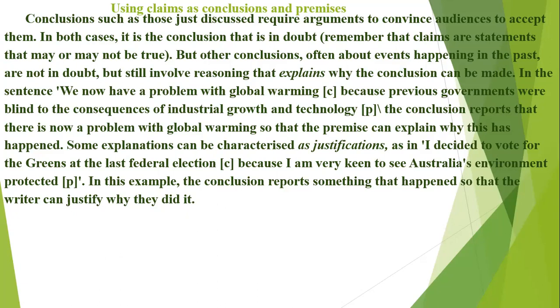Some explanations can be characterized as justifications, as in, I decided to vote for the Greens at the last federal election, c, because I am very keen to see Australia's environment protected, p. In this example, the conclusion reports something that happened so that the writer can justify why they did it.